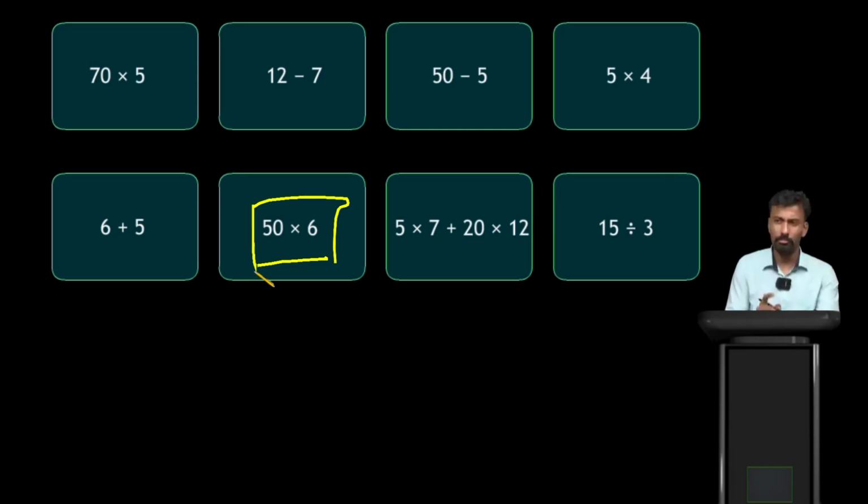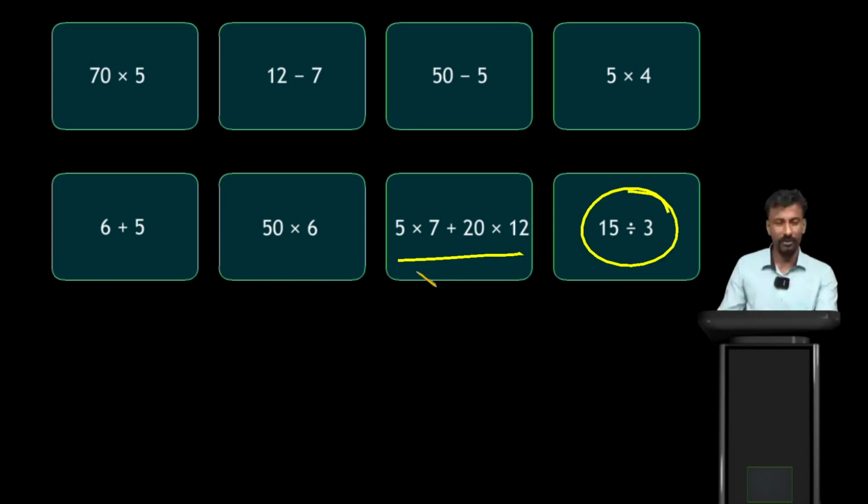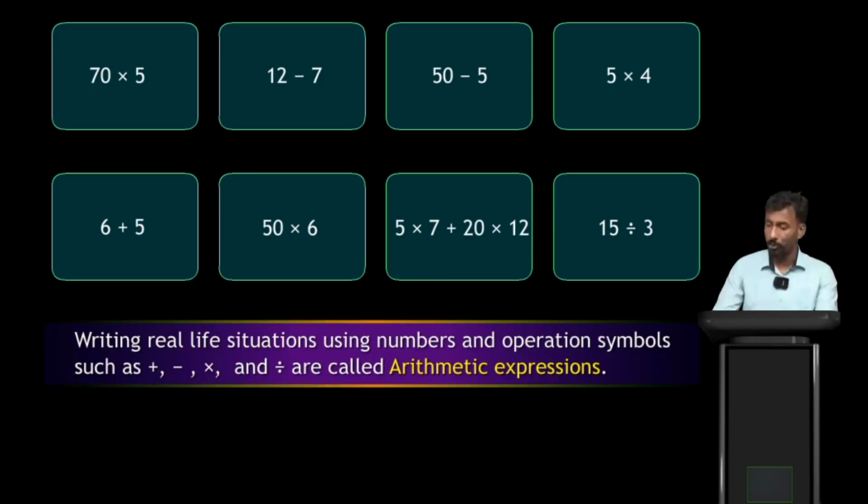That is the case of 50 cats where each cat has 6 whiskers. So what will be the total number of whiskers? And this part, 15 divided by 3. So I am taking these operations, or these numbers.